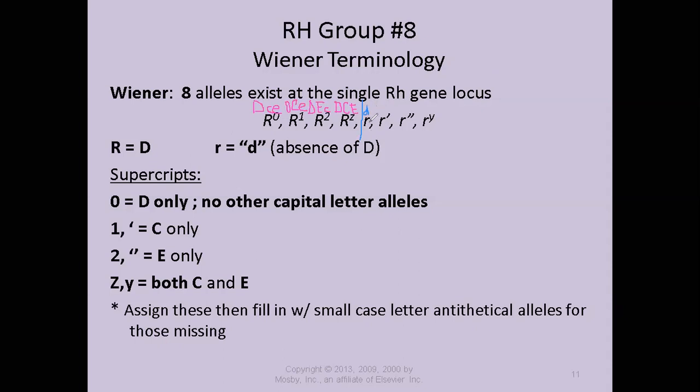When you see this little r and there's no superscript, it means there are no capital C or E. So I fill in with this. Oh boy, that looks bad. It's really hard to, let me just erase that one. Let me go back. Maybe I'll go to a different color.